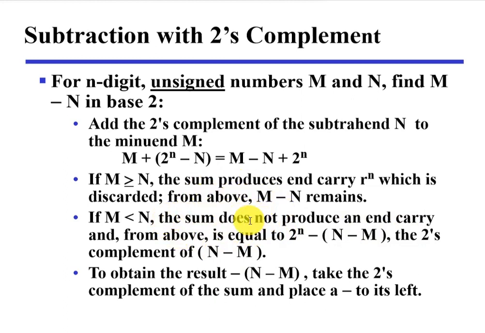So here we perform a correction, taking the 2's complement of the sum and placing a minus sign in front of it to obtain the result, minus (n minus m) inside the parentheses. These are the steps we can use 2's complement for subtraction.